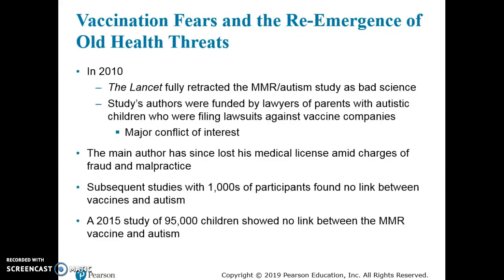And why this was retracted was that during this time, many different studies occurred with thousands of participants, not just the 12, that found no link between vaccines and autism. And the most recent study, published in 2015, showed that 95,000 children had no links between the MMR vaccine and autism.